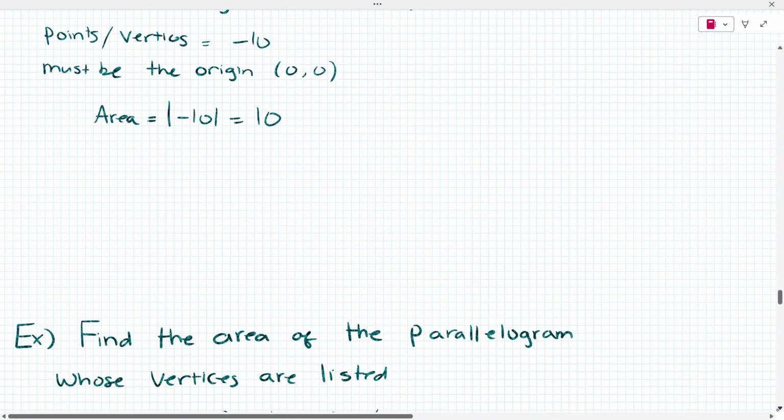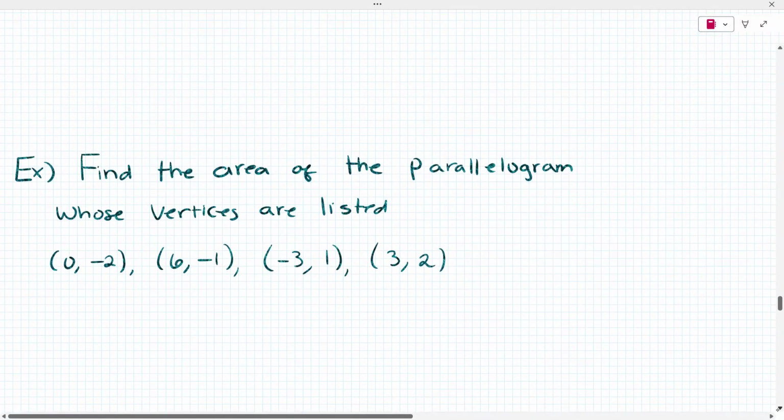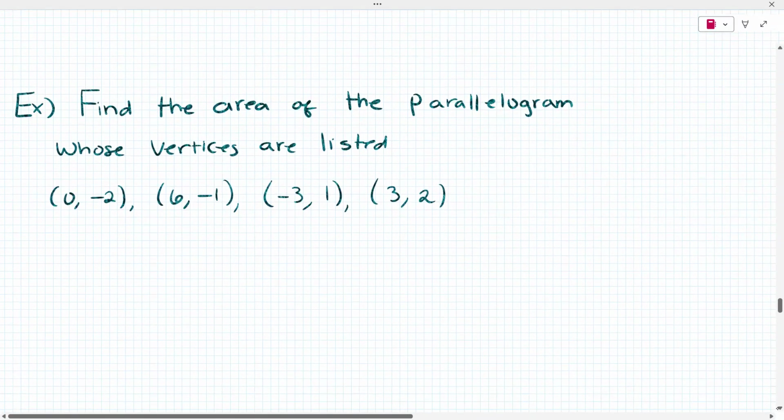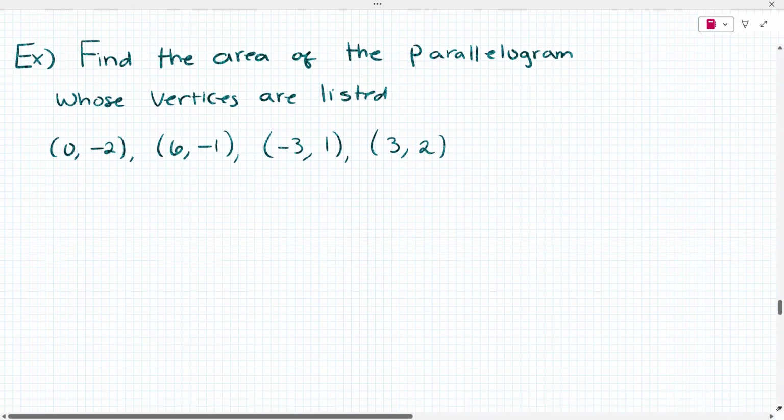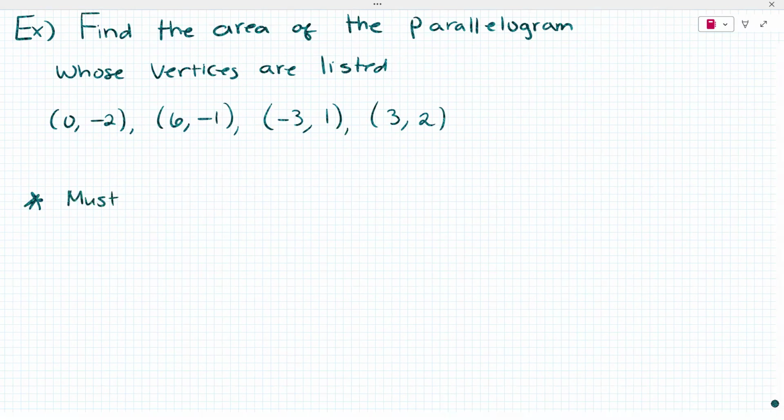So let's look at our next example. It says find the area of a parallelogram whose vertices are listed as 0, -2, 6, -1, -3, 1, and 3, 2. Remember, we must have one vertex that is 0, 0.